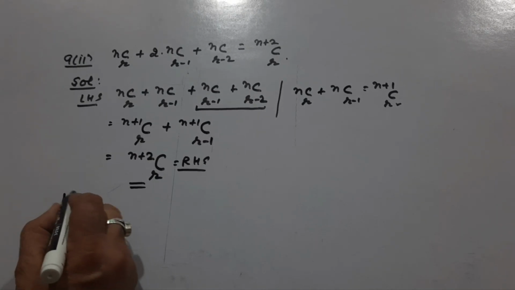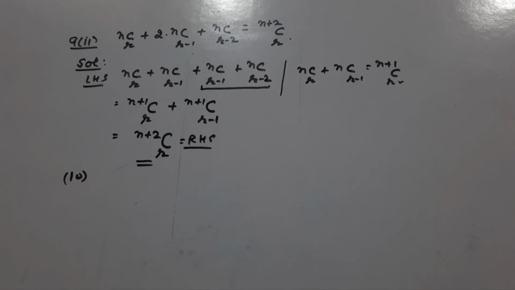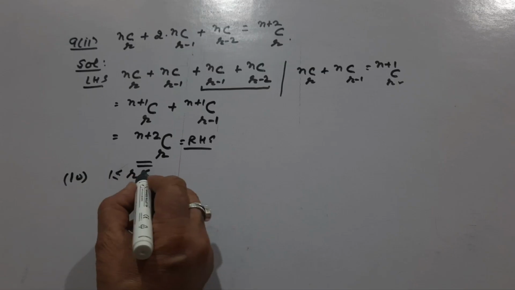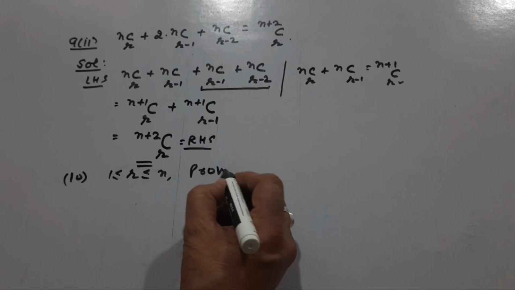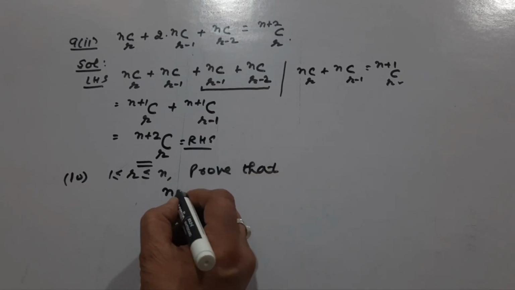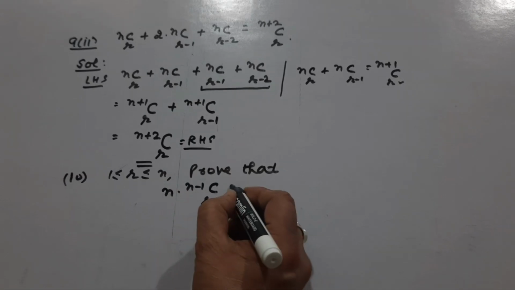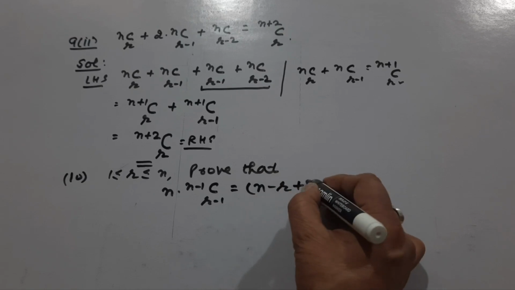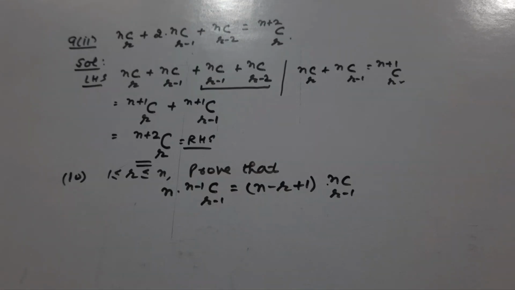Now let us do the next question, number 10. The 10th question is that if r is greater than or equal to 1 and less than or equal to n, then prove that n into n-1Cr-1 is equal to n-r+1 into nCr-1.